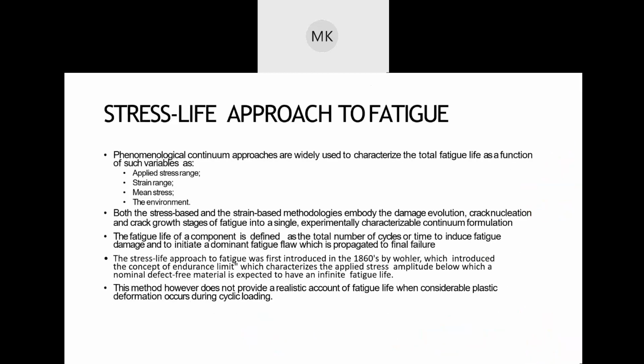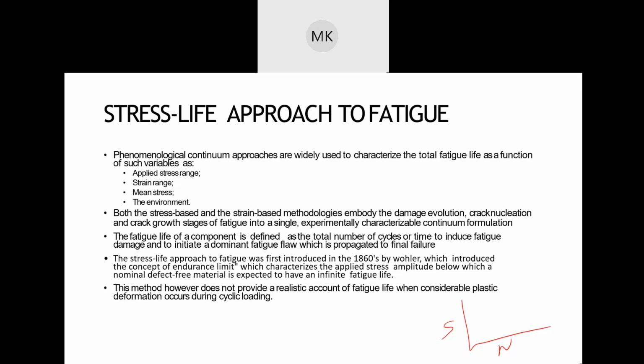So, the stress life approach to fatigue. If you remember the first chapter that we saw, this is the SN curve method to fatigue. In the SN curve method, the only major thing that you have to worry about is your stress amplitude, which is basically your maximum stress minus minimum stress applied to the material divided by 2. That's the major way by which you're going to compare all the properties of the material.